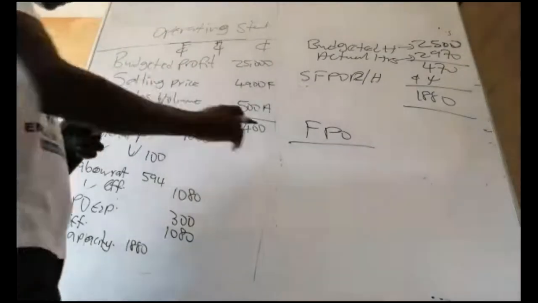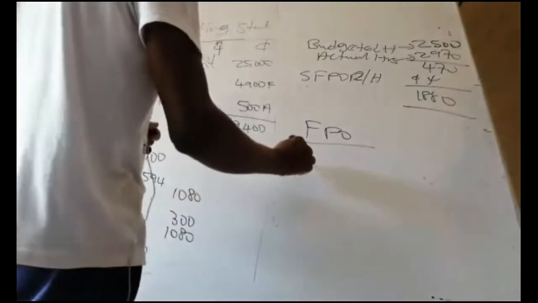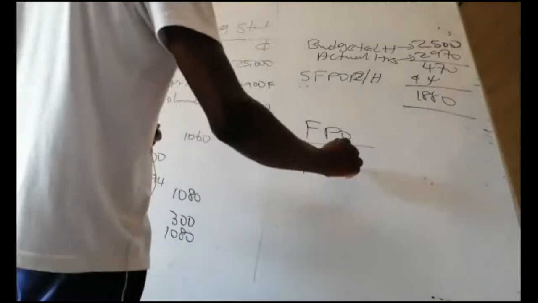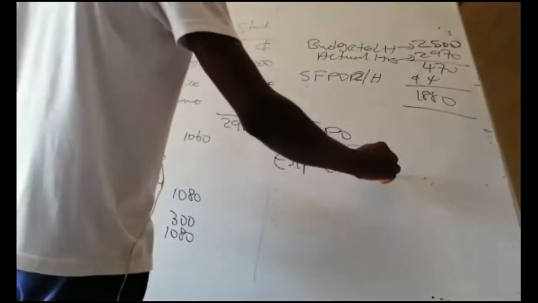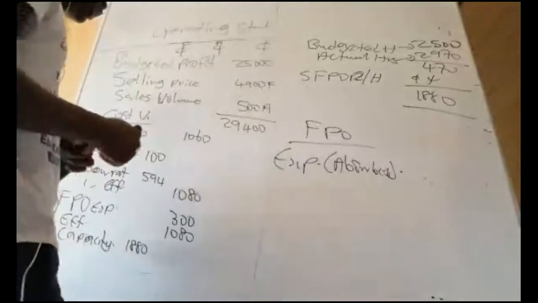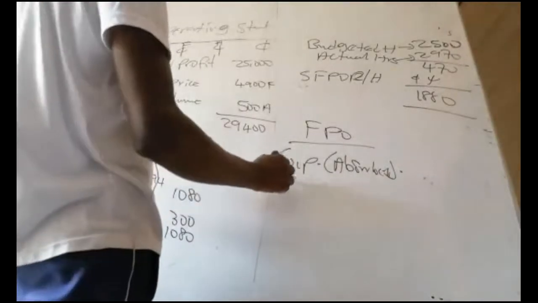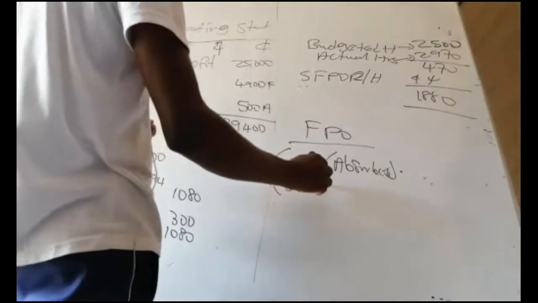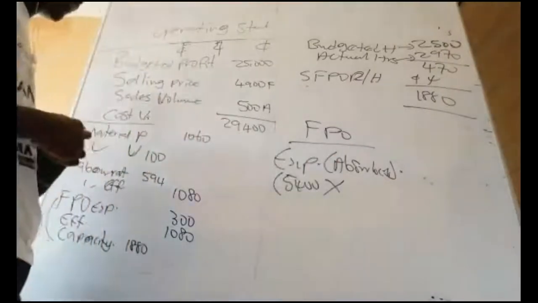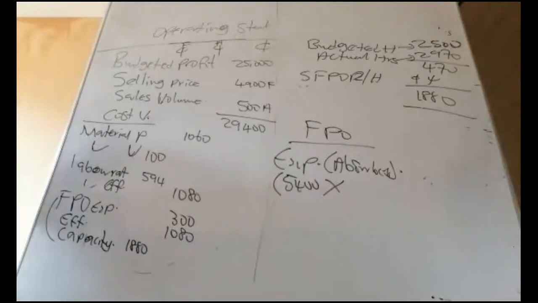Absorbed overhead, which we also call expected. You pick the actual units produced, which is 5,400. Then you multiply it by the fixed production rate.